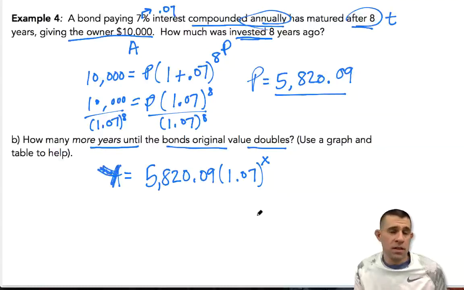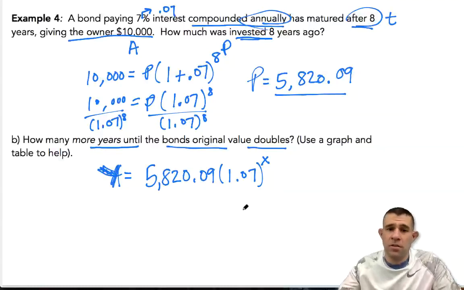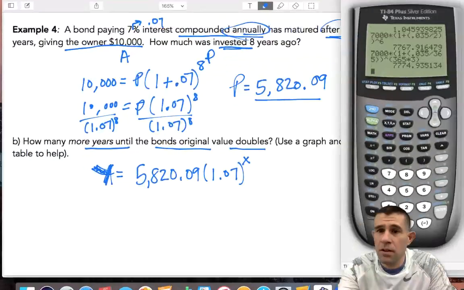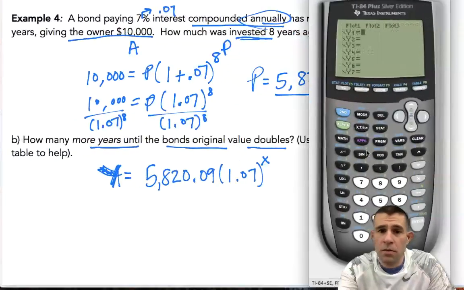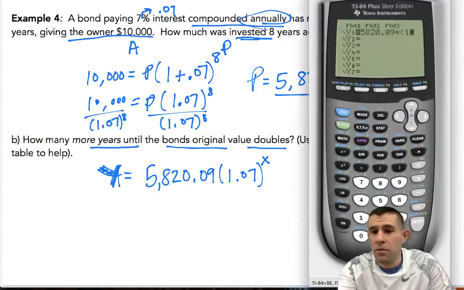Let's go to our y equals, and we have 5,820.09 times 1 plus our interest rate, so 1.07, and raise that to the x power.